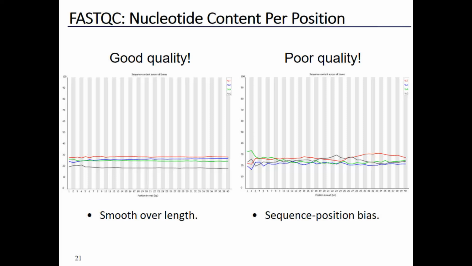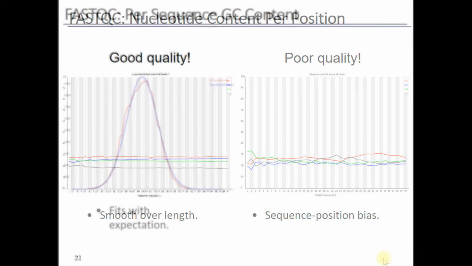But it's worth mentioning that in RNA-seq library preparation, because they use priming by random hexamers, for an RNA-seq library there will always be some biased sequence positions at the start of the read, and we can just ignore this warning or failure for RNA-seq data analysis.